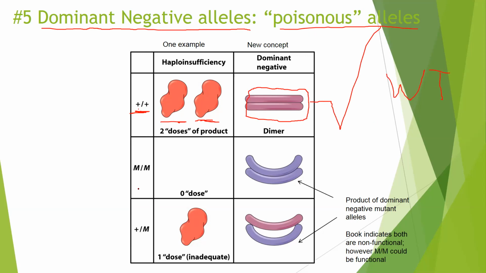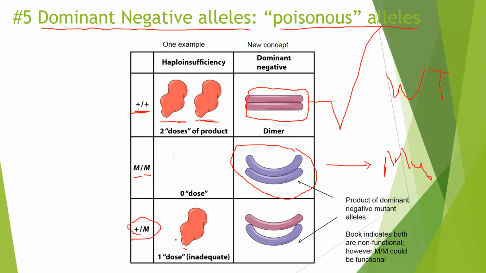Okay, however, if both alleles are mutant, as you can see, you don't see any protein being produced. So there's no functional dimer here. So this will give you the mutant type. Now let's look at the heterozygous.